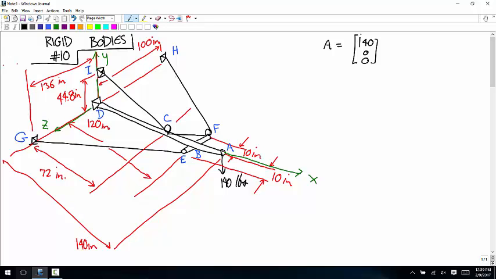The point B is going from the origin to here is 120 inches in the positive x direction. And then C is just 72, 0, 0.